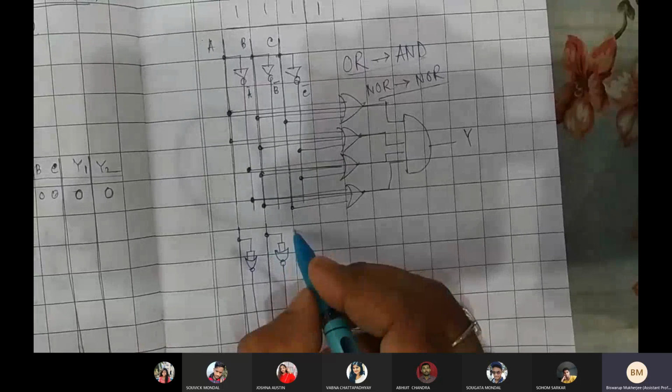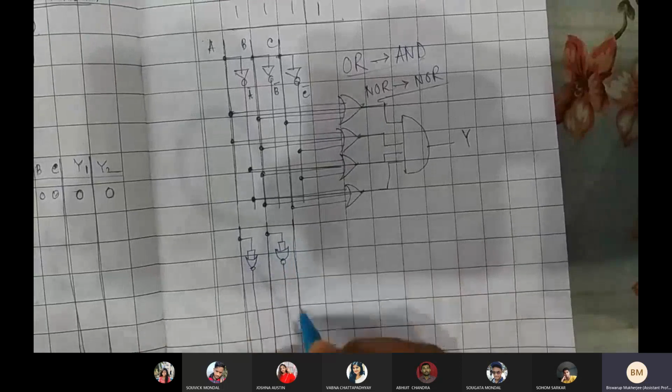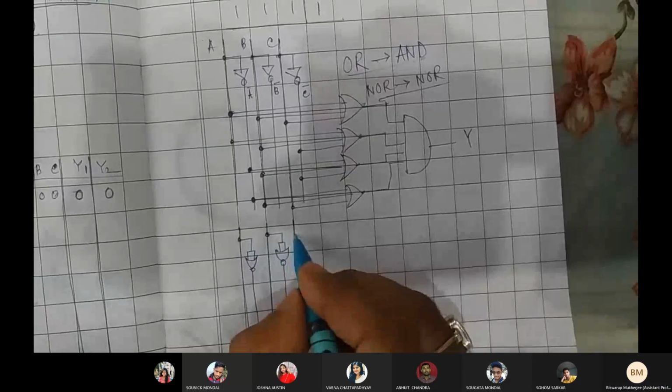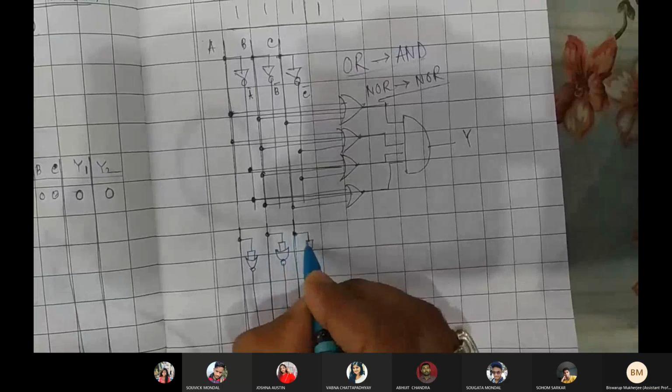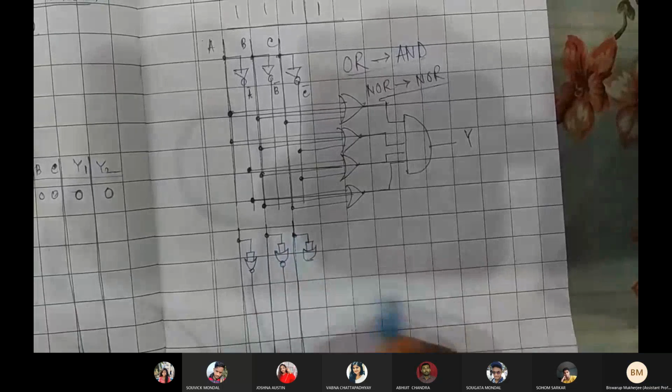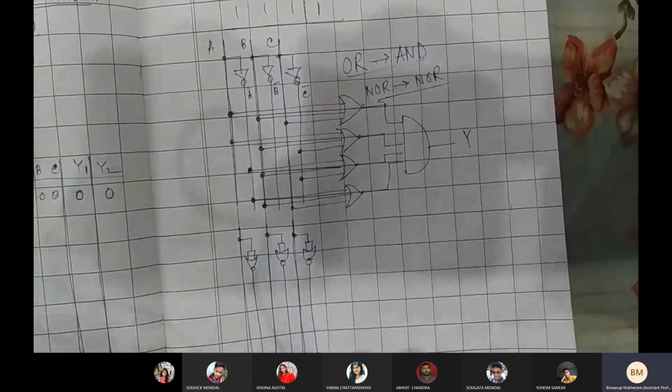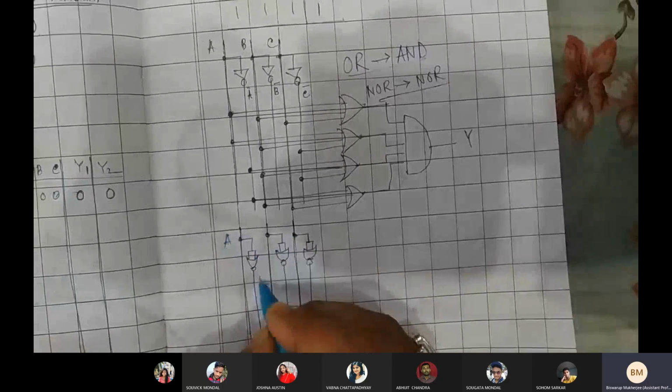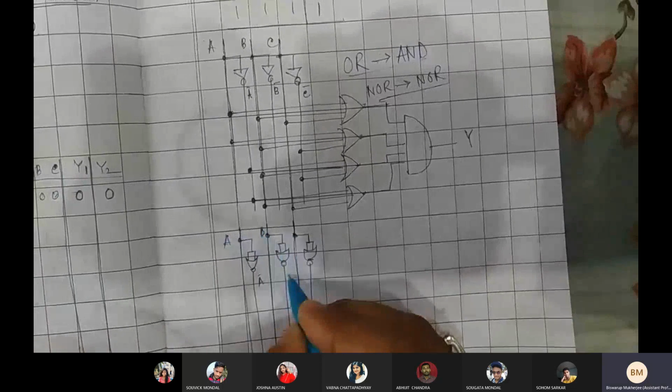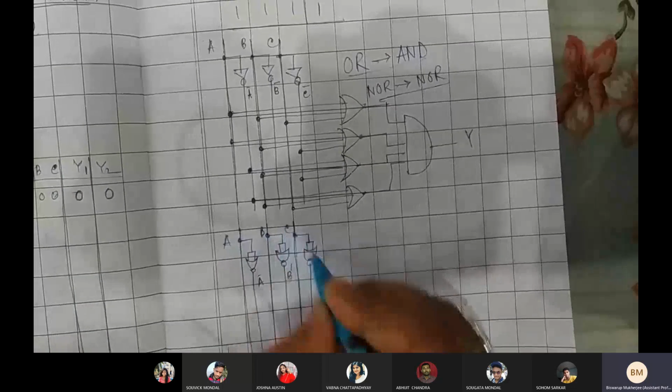So these are the NOR based inverters. The NOR based inverters, A bar, B bar, and C bar are coming.